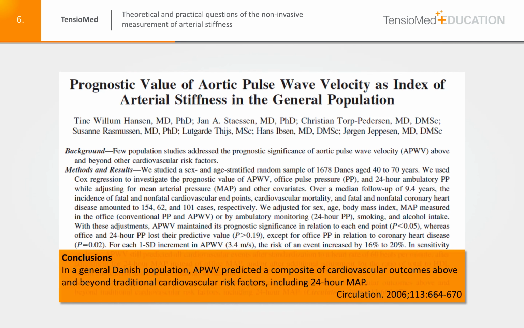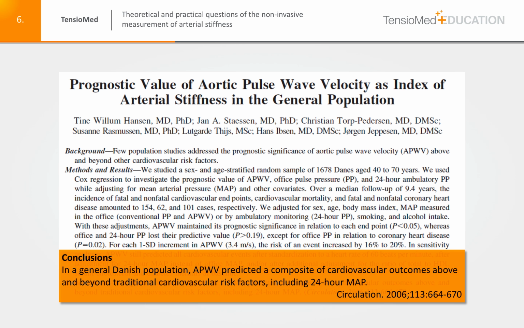This kind of relationship, which I mentioned before, was proven even in the general population. In the very nice paper published in 2006 in Circulation by Tine Willum Hansen, it was shown that the aortic pulse velocity turned out to be a very good marker and index for revealing the adverse cardiac outcome, a composite cardiovascular outcome, and this relationship was above and beyond traditional risk factors, including even 24-hour mean arterial pressure.